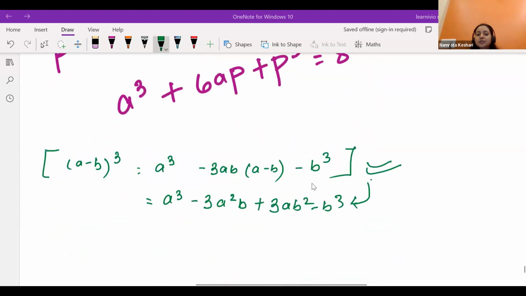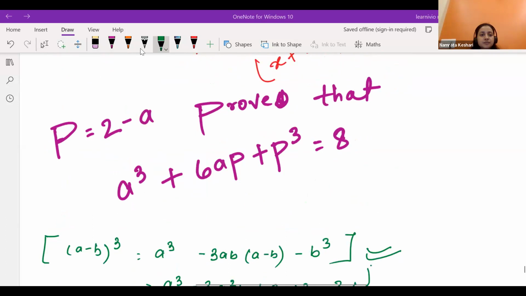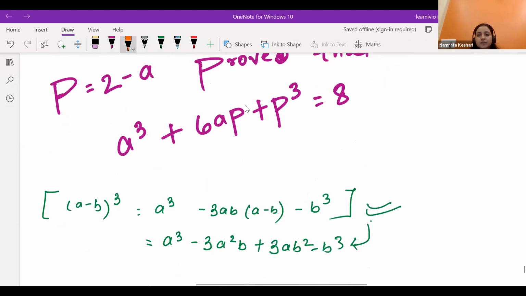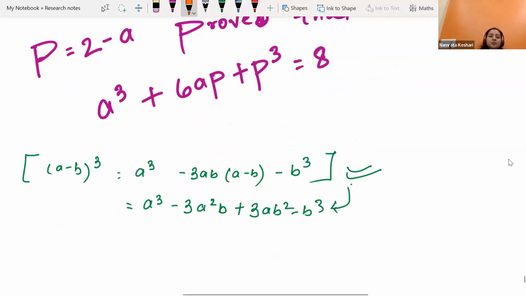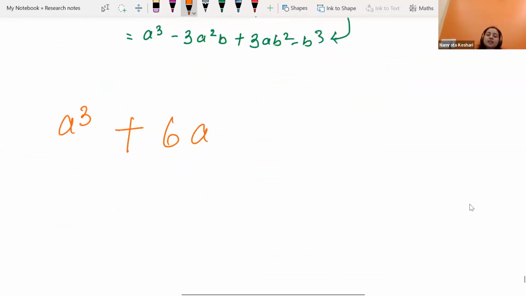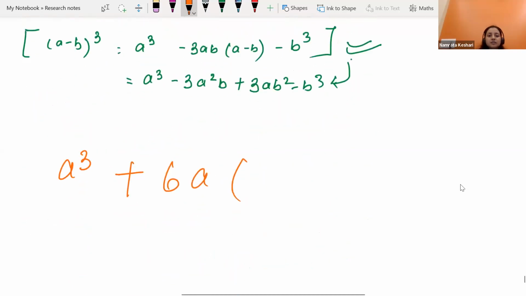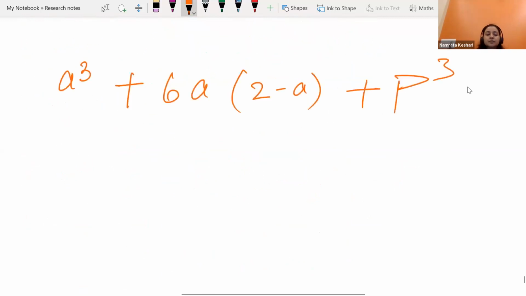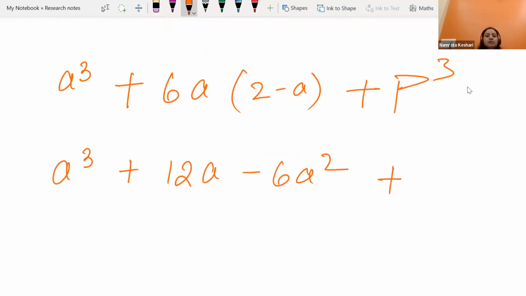Welcome, Irshad. Are you done with this one? Let's solve it together. A cube plus 6AP plus P cube. A cube as it is, plus 6AP, where P is 2 minus A, plus PQ.